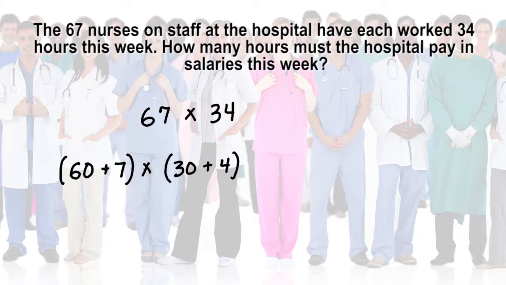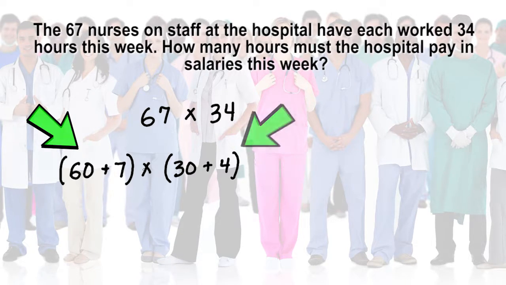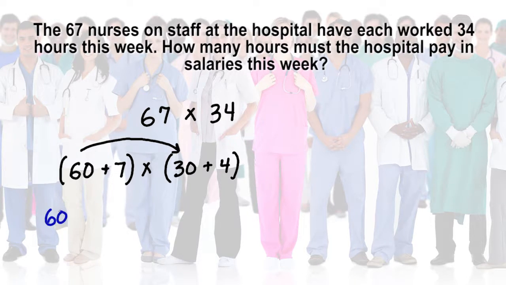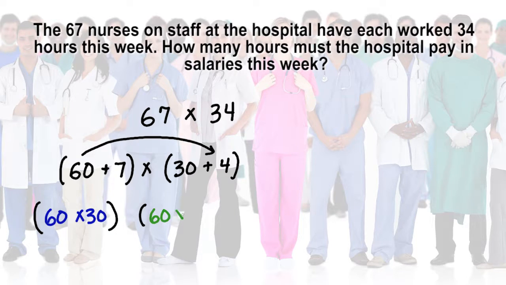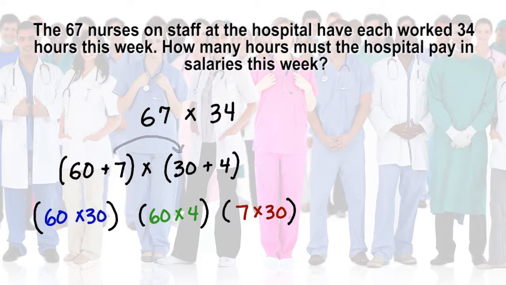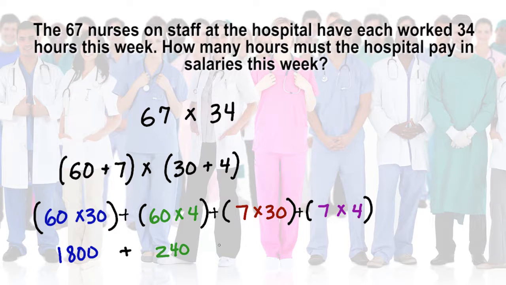Now multiply everything in the first parentheses times everything in the second parentheses. 60 times 30 plus 60 times 4 plus 7 times 30 plus 7 times 4. And you will get the partial products of 1,800, 240, 210, and 28.